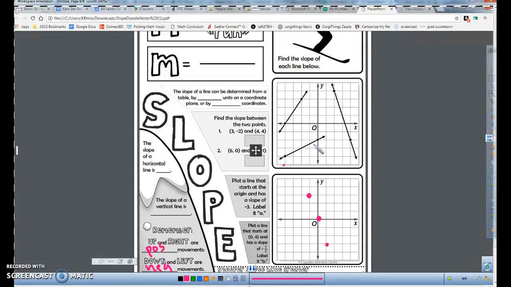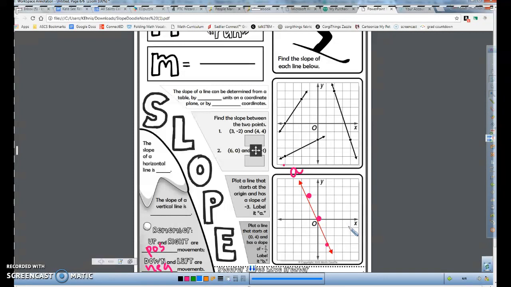Okay? And I have 3 points, so I can go ahead and join them up with a line. Okay? And that it tells me to label as line A. Then let's go ahead and try line B. It starts at the point 0, 4.